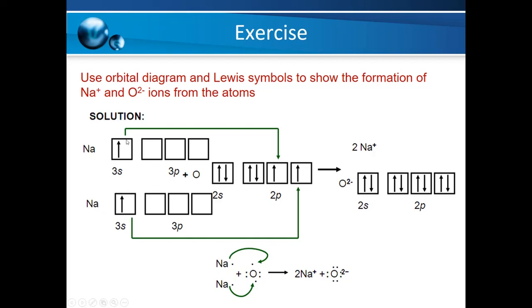So here you give 1 electron to oxygen and another 1 electron to oxygen.